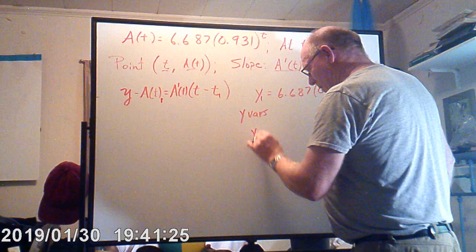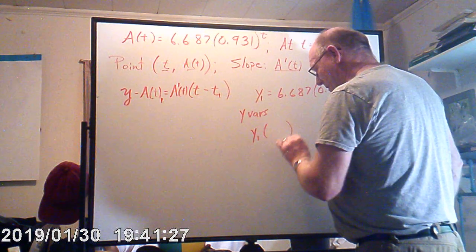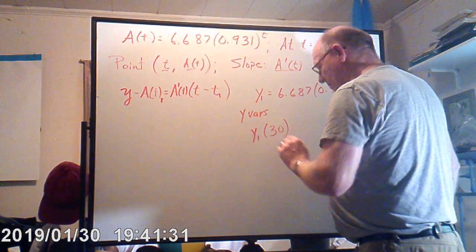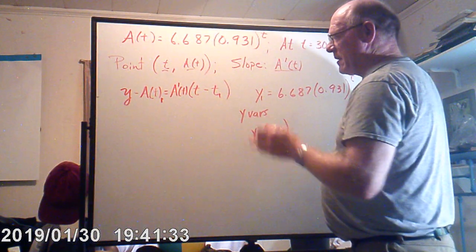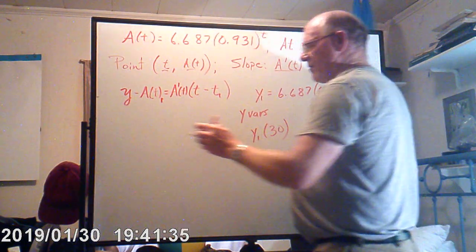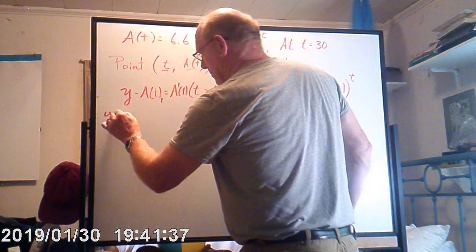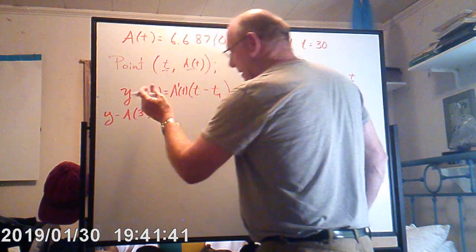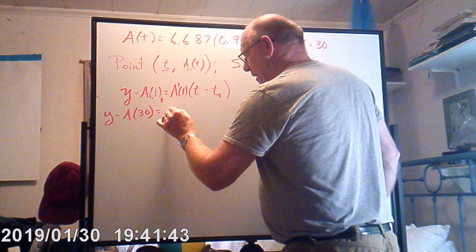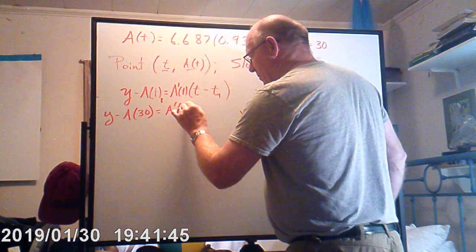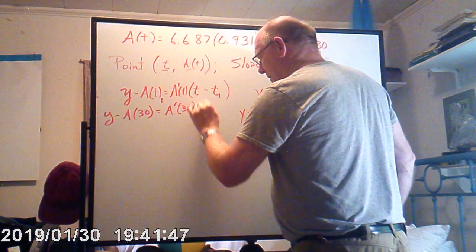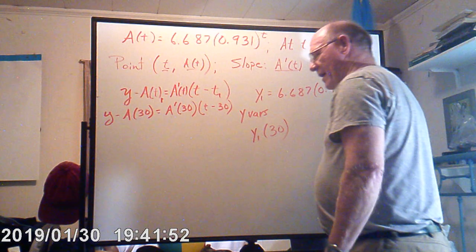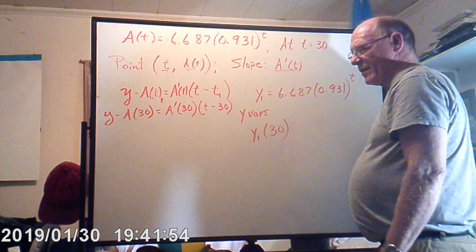Pick y1 and put it in parentheses, and put 30 right there. So really what you have here is y minus A(30), that's your time, and then you want to find A prime at 30. This is equal to t minus 30 right here.